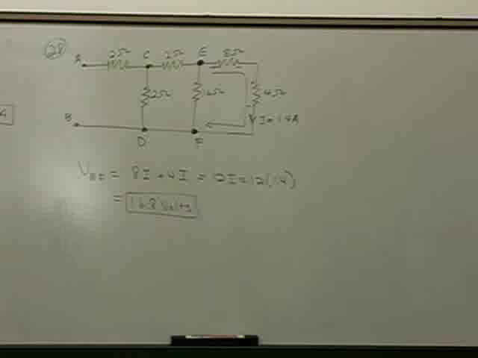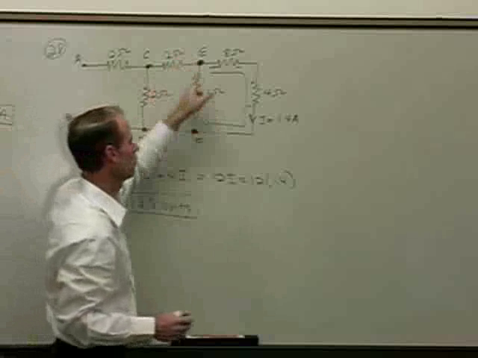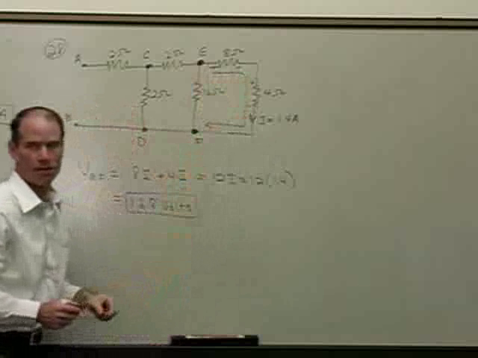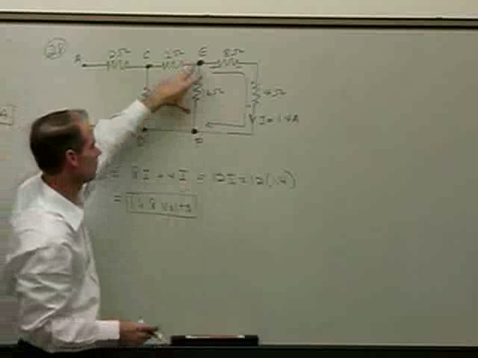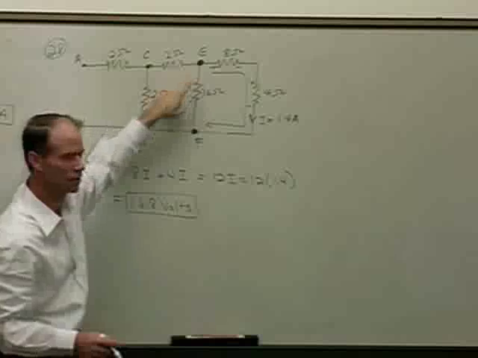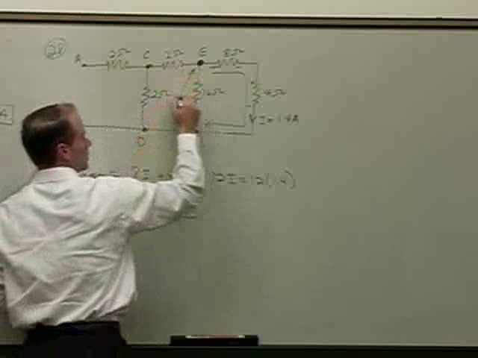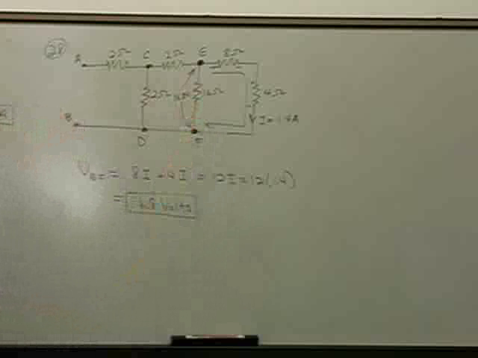So there's 16.8 volts between these. That means, since things in parallel have the same voltage, there are 16.8 volts across the 16 ohm resistor. In other words, right here is 16.8 volts between those 2 points.